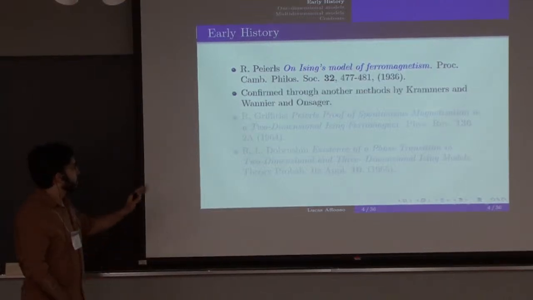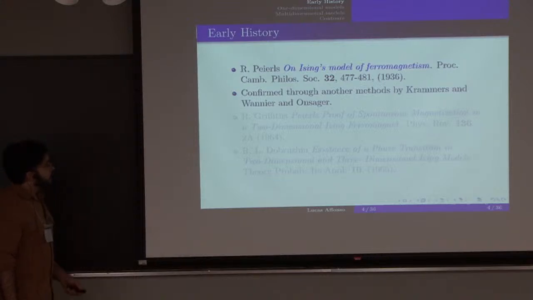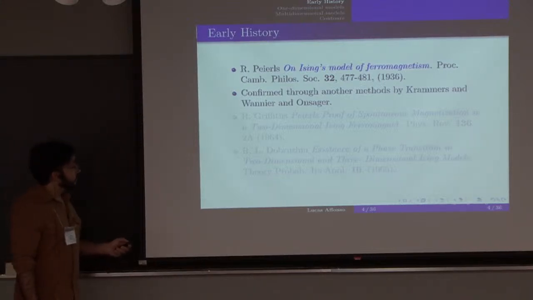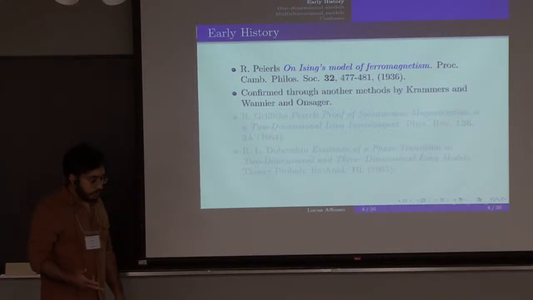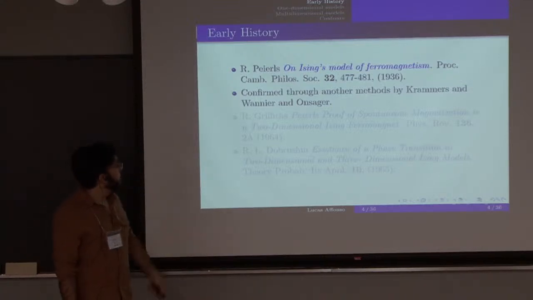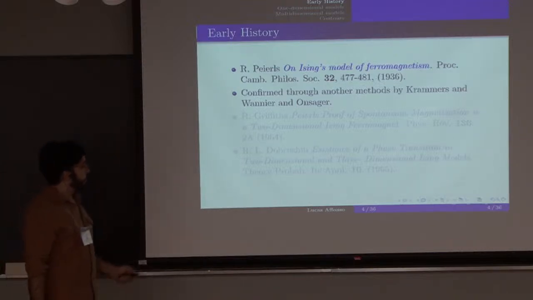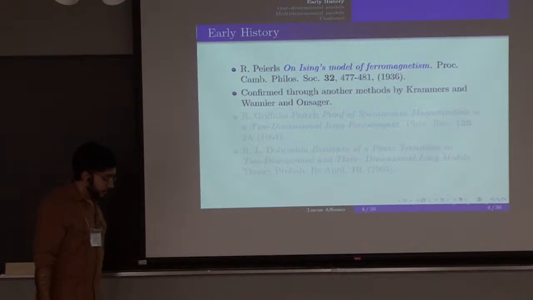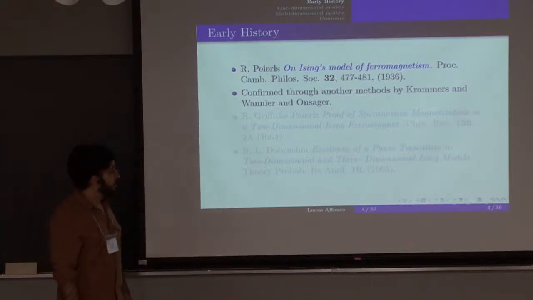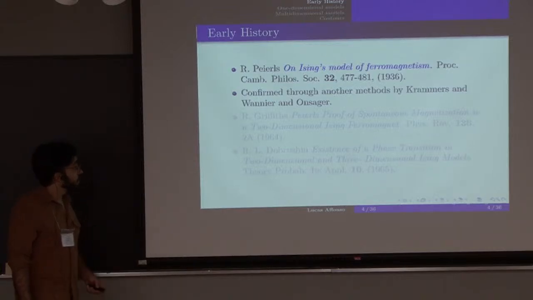People didn't look too much at this paper right away. But during the 40s we had two breakthroughs, one by Kramers and Wannier, and the other by the solution of the pressure by Onsager, that predicted the same thing that Peierls did with his argument.